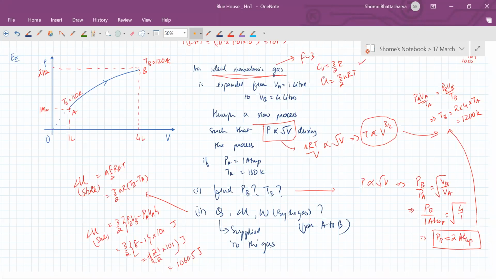Eight minus one. This term here is PB into VB, so that's 8 minus 1. The product of pressure and volume here is 2 atmospheres into 4 liters.